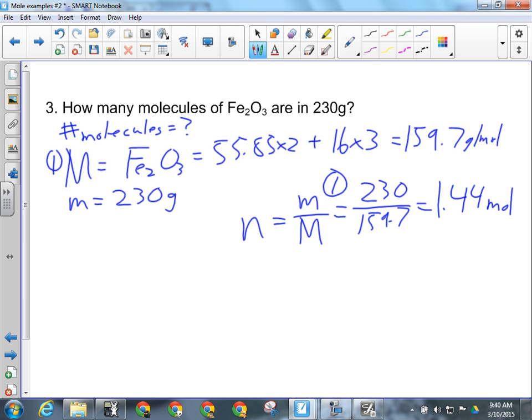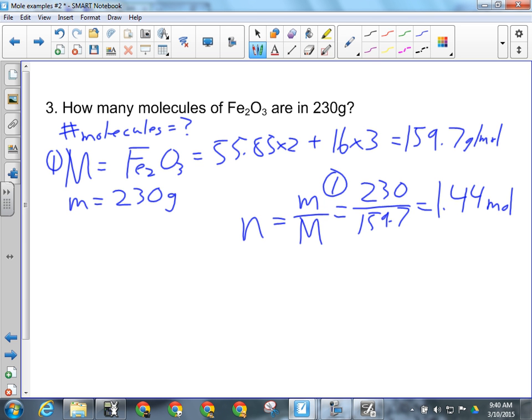Now that I know the number of moles, and I remember, of course, that Avogadro's number tells me the number of molecules in a mole, can I calculate the number of molecules? What do I do with those two numbers? I multiply them.